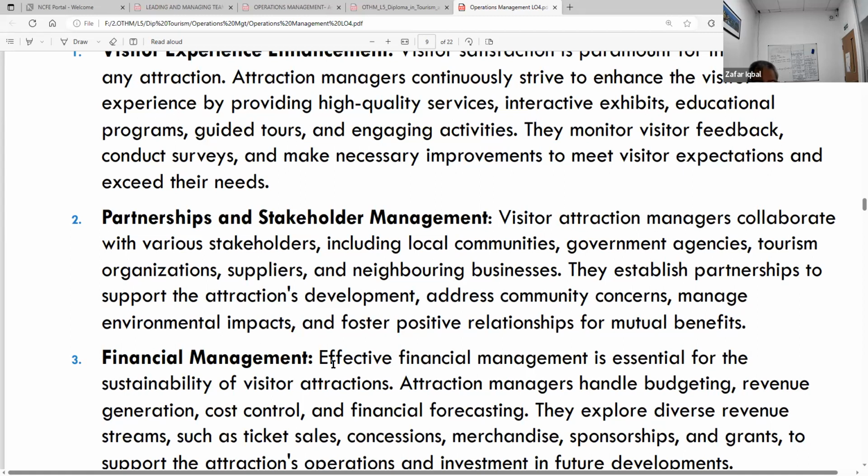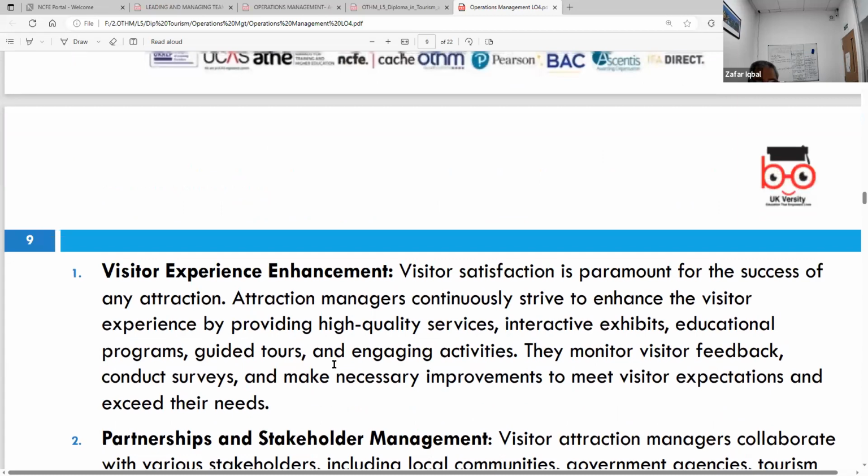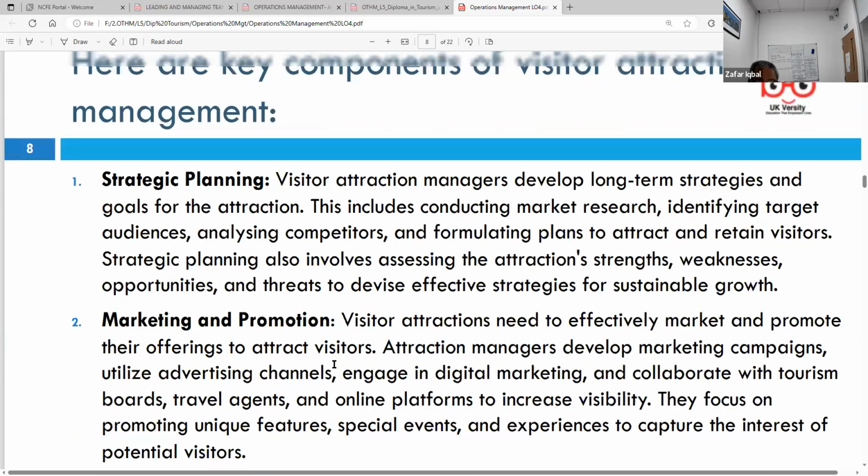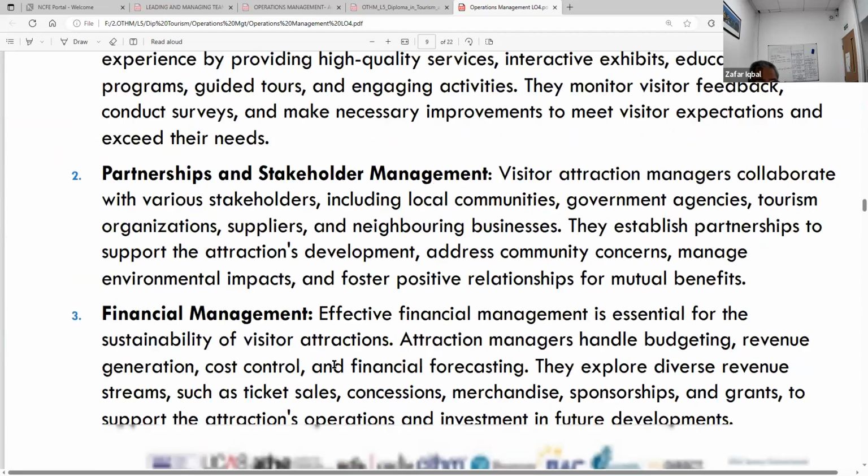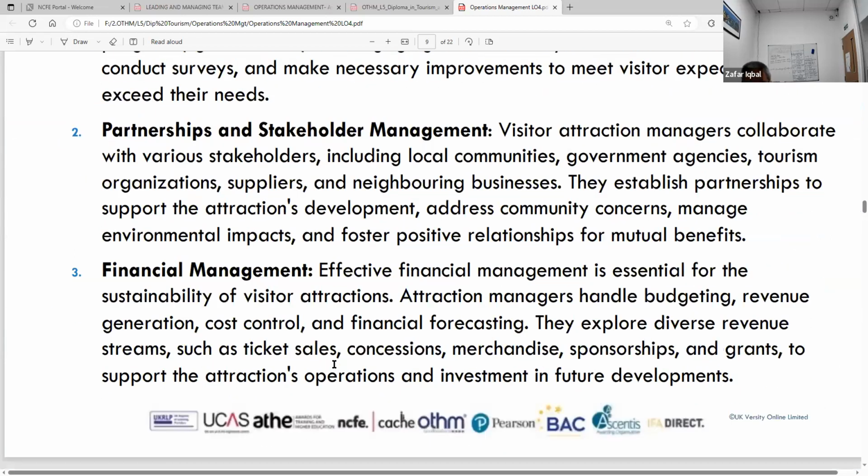The financial management principle, when we're looking at another component of managing attractions, is to look at financial stability. Is the attraction financially viable? Is it sustainable?